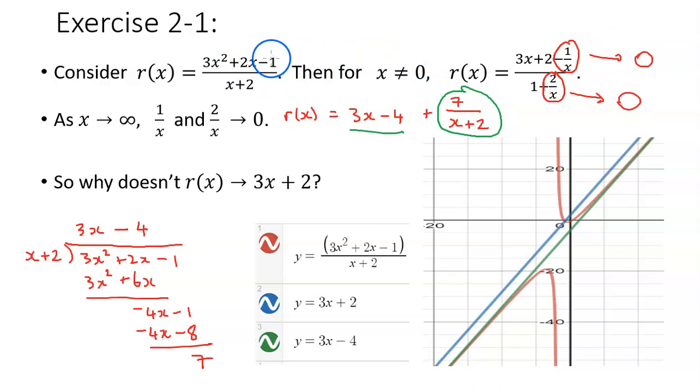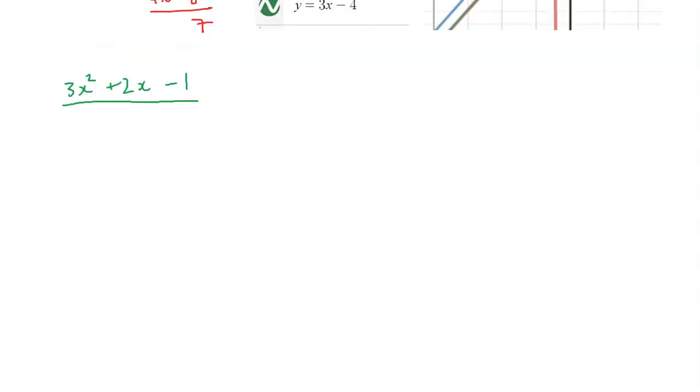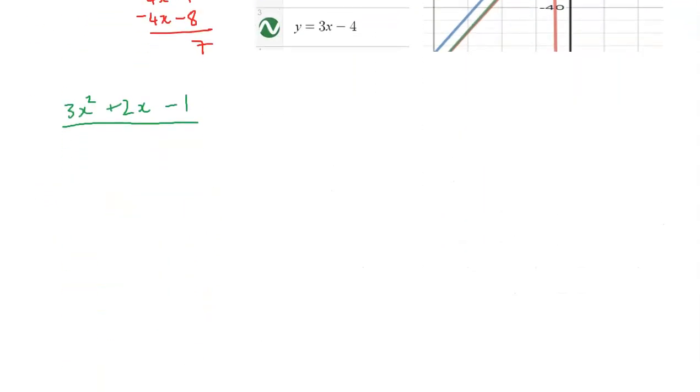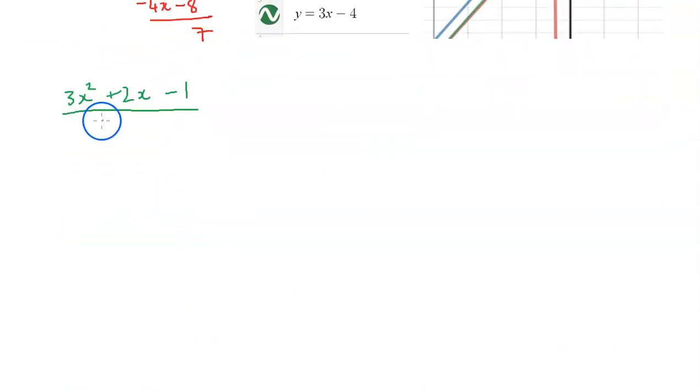First of all, we can also note that we don't really need to deal with this minus 1, because if we split this thing up, so it was 3x squared plus 2x and then minus 1, divided by x plus 2, we can immediately split this up into (3x squared plus 2x) divided by (x plus 2) minus 1 divided by (x plus 2).